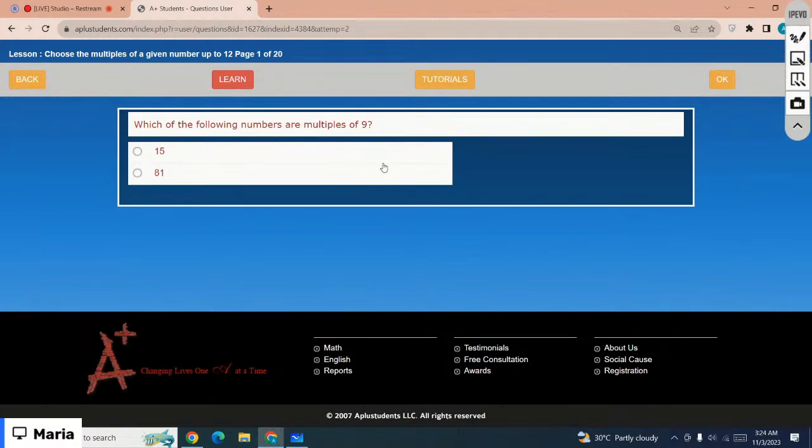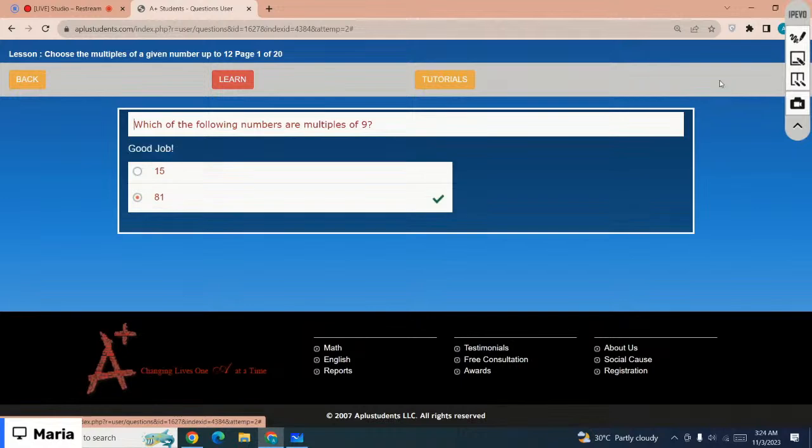Yes, the multiple is 81 because 9 times 9 makes 81. You don't have 15 in the table of 9, right? You can understand in an easy way, right? 9 times no number equals 15. Got it? So 15 is not a multiple of 9, 81 is the multiple of 9. Got it?